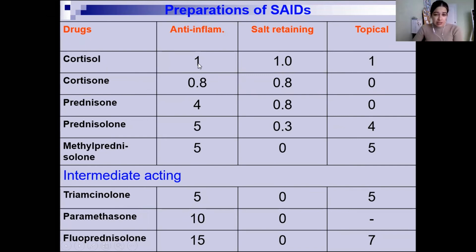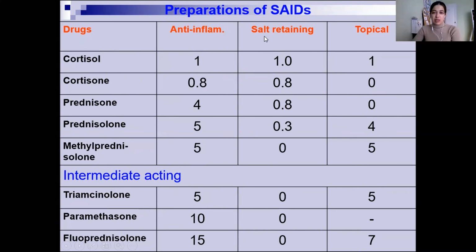Here you can see that these drugs become stronger and stronger. For example, the first short-acting drugs are 4-5 times stronger and they have less salt retaining.